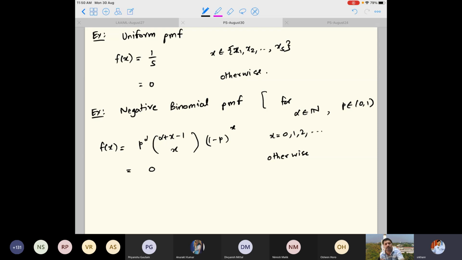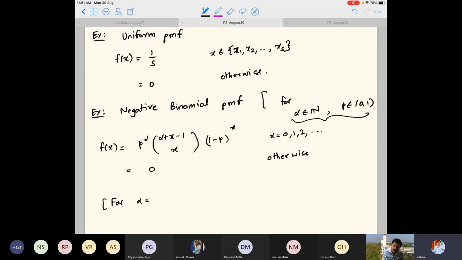Will this be a probability mass function? You can check that it is. The range here is a countably infinite set, still discrete, and for the conditions I have given here, this is a probability mass function. If you take alpha equal to 1, have you already seen this particular case?